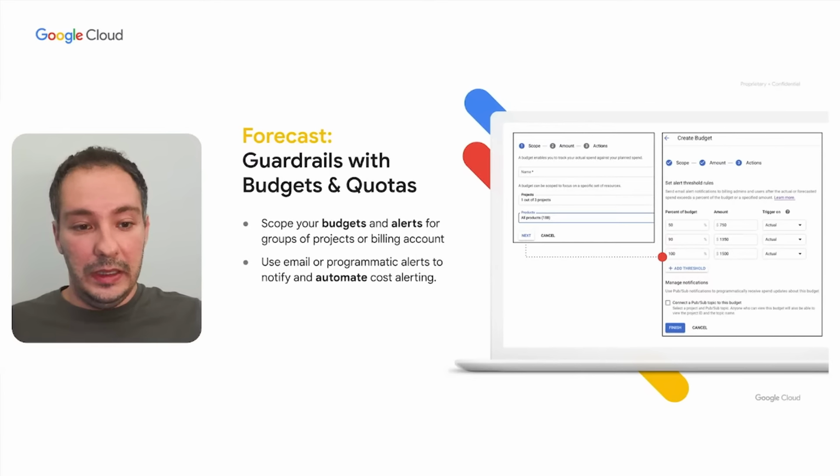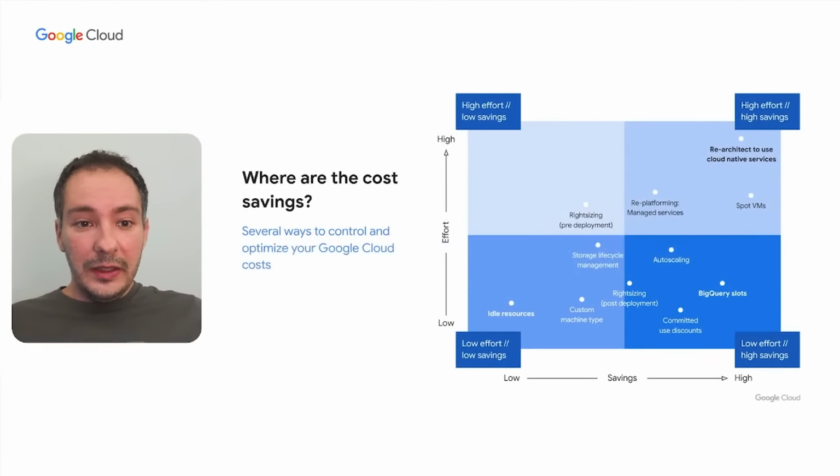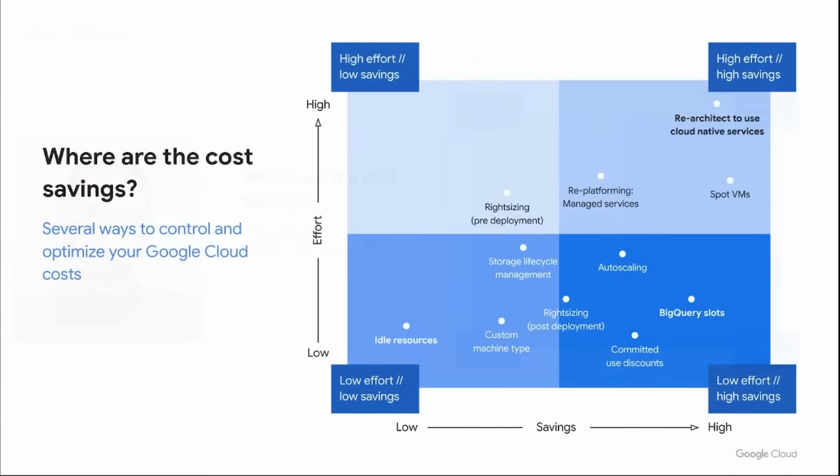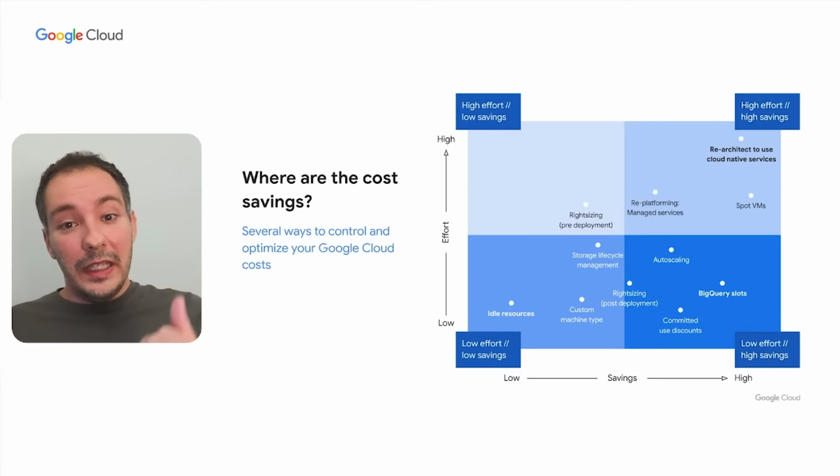So let's talk a little about optimizing your costs, how to eliminate waste in cloud usage. The first thing here, guys, is effort against savings. You have a lot of different savings opportunities inside the cloud, but how do you choose which savings opportunity to work on first?